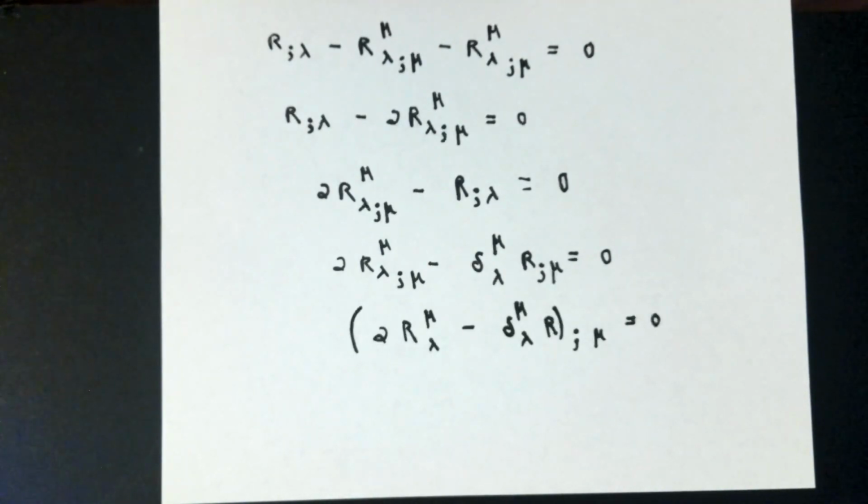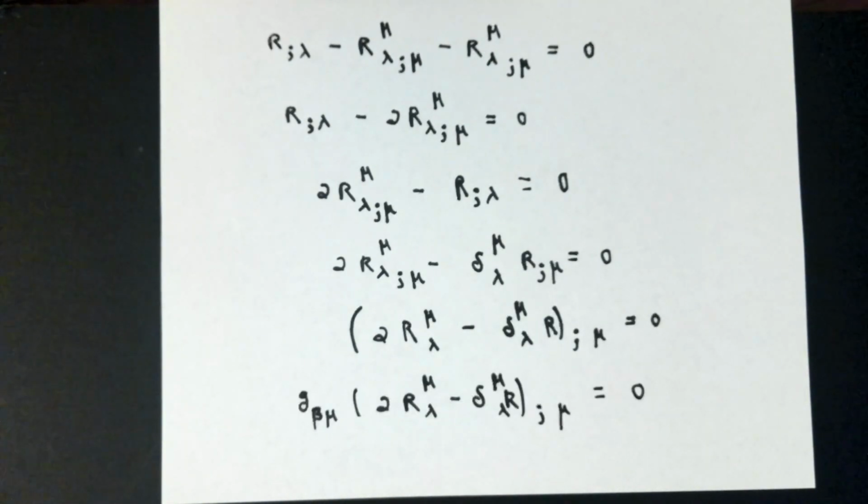However, the covariant derivative of a difference of two quantities, this, is the same as the difference of the covariant derivative of the quantity, that. So I don't feel bad about writing it in this format, finally. Once more, I'm going to contract using the metric tensor.